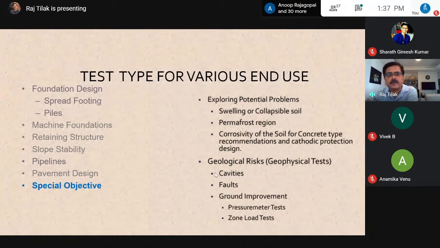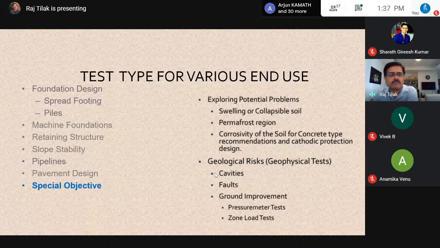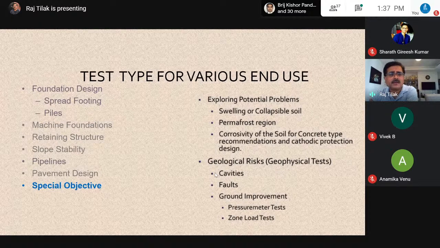And then you will have to probably explore some special objectives. Maybe there is a soil which is swelling or collapsible on either an increase or decrease of moisture. So your structure needs to be designed for that. But for that, you should know what the swelling potential of the soil is, or how much the soil could collapse if there is water ingress.